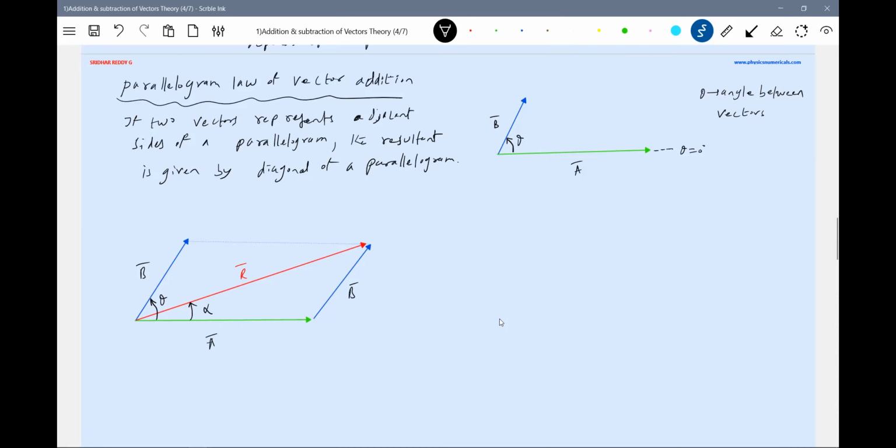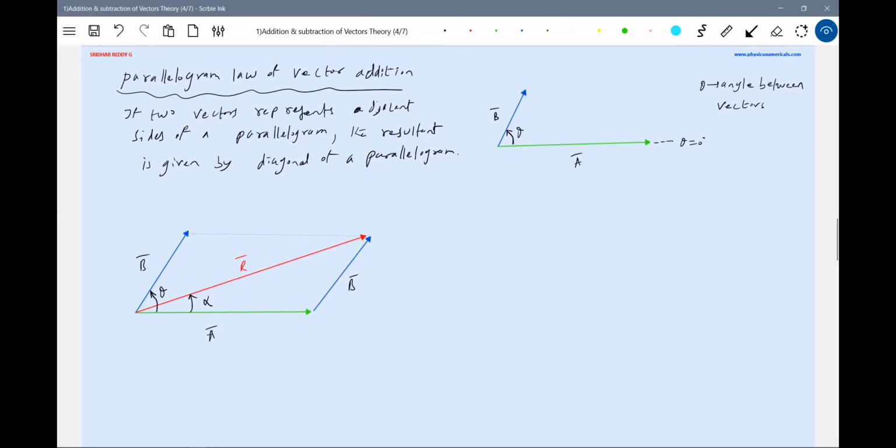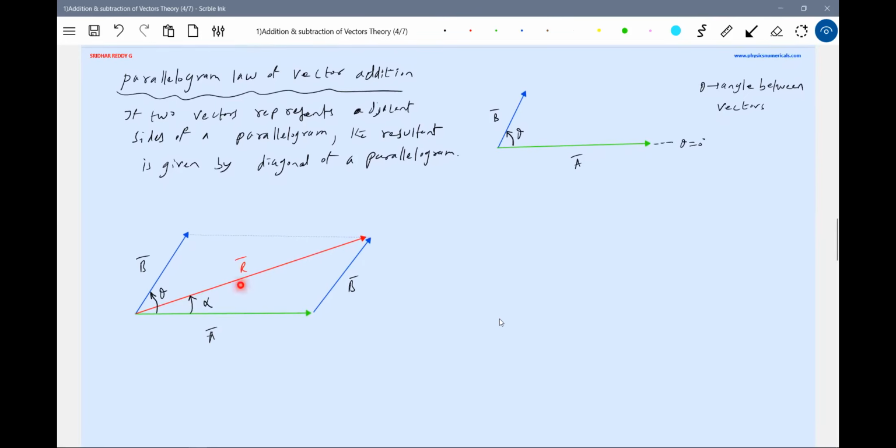So what is my question? We want to find out the resultant. To know the resultant, you need the length and this angle alpha. How to calculate it is what we are going to bring as a formula here. So, sir, I'll measure the length by scale, and I'll measure this alpha by protractor. Then the scale and protractor will introduce errors, so it will not be accurate. To overcome that problem, we are bringing this parallelogram law. So I should not use any instrument.